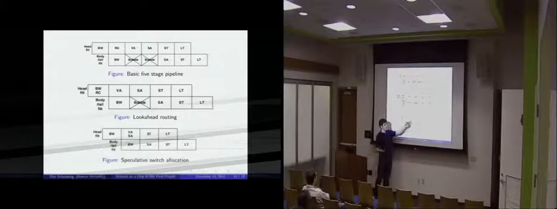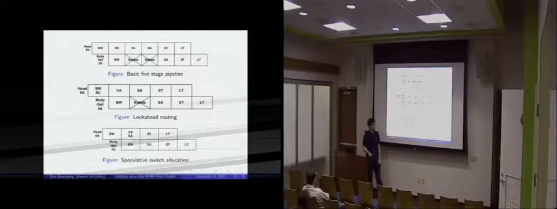The downside here is that I can speculate and be wrong. I don't get virtual channel allocation. There's some competition, and doing switch allocation is a waste in that case. The real thing to do here is that you can prioritize. Say non-speculative switch allocations will get priority over speculative switch allocations, and then you're no worse than this case up here.